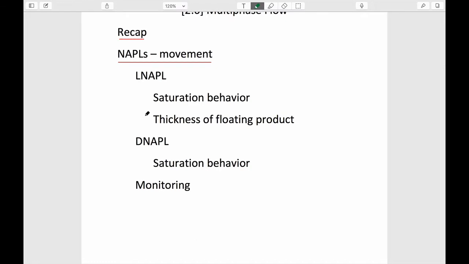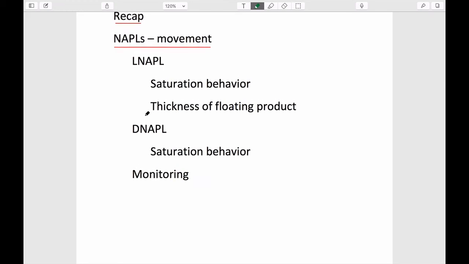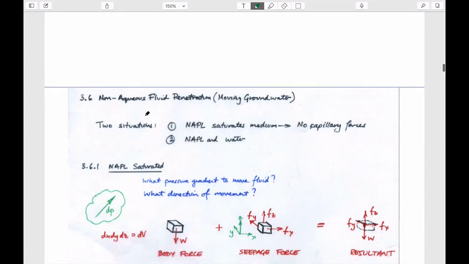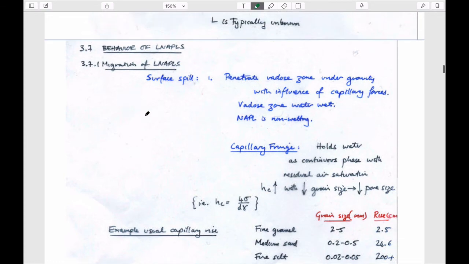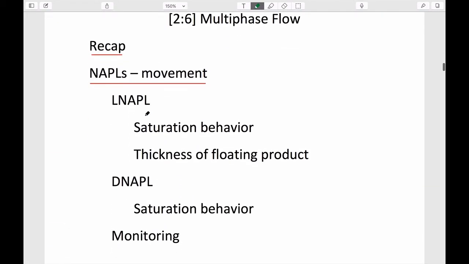So let's talk in broad terms about some practical things. All the things we talk about are practical in this class, but there are some things we don't need to worry about. I'm going to zip through these. I would like to make differential comments between the behaviors of fluids that are lighter than water and those that are denser than water, because they behave, as we can imagine, differently in the subsurface.